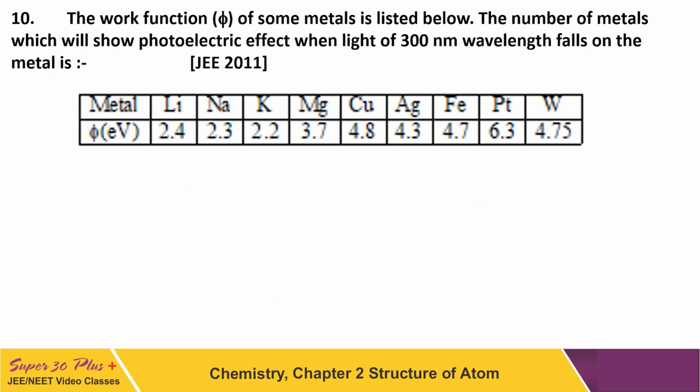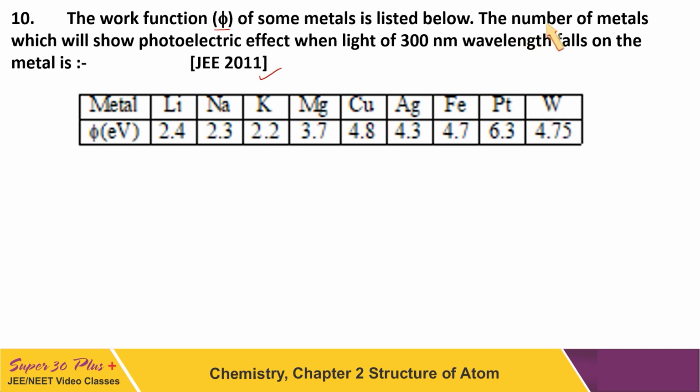This question is about the photoelectric effect, and this was there in the Joint Entrance Examination 2011. This question says, the work function of some metals is listed below. Phi is the value of work function which is given below.